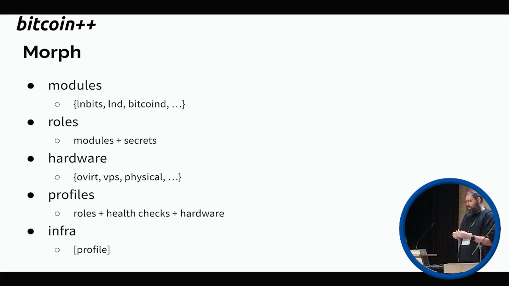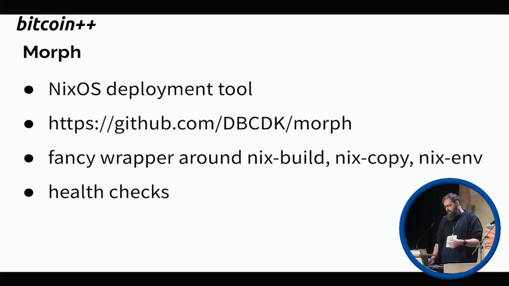So this defines an instance of a machine, and then infra is basically just a list of machines. And if you do any modification, you can just type morph deploy, and everything that has been changed will be rebuilt and pushed via nix copy to your remote server.